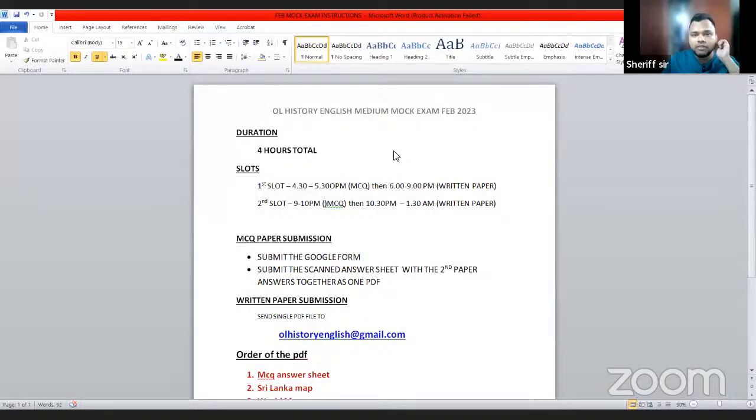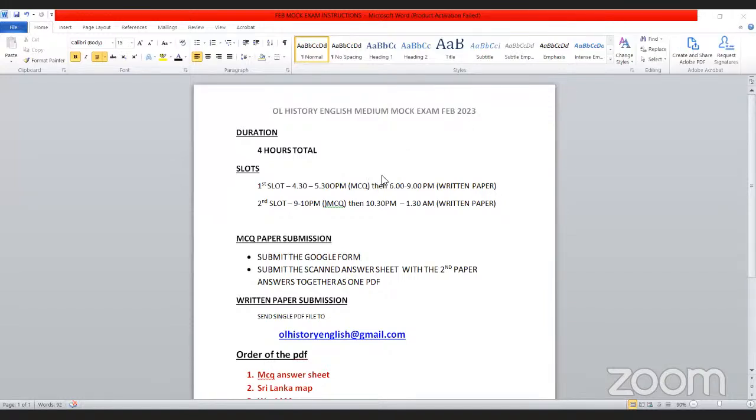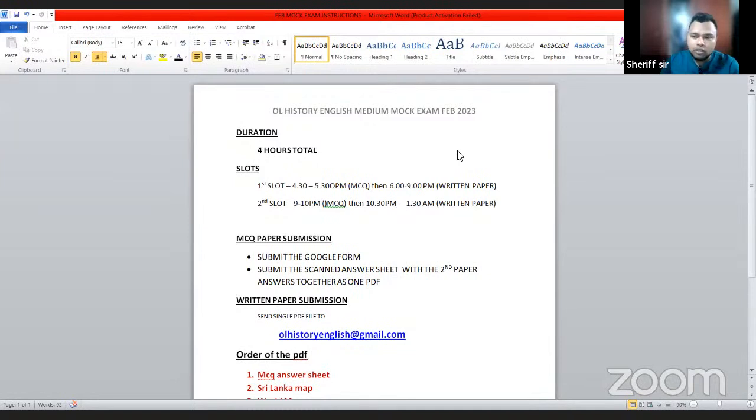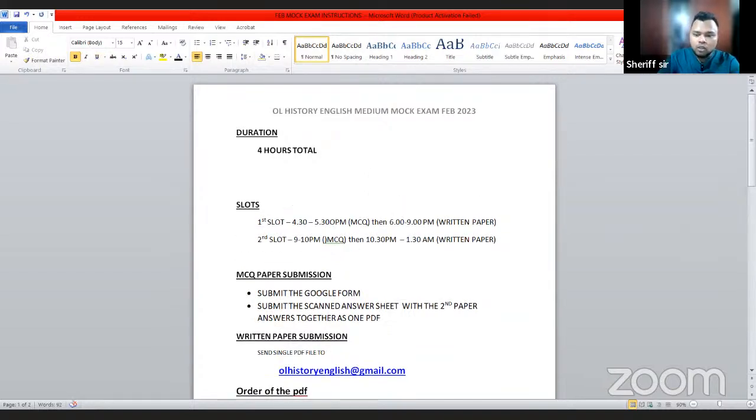Can you all see the screen? Confirm? Yes, sir. All right. As you already know, the duration of your O-level history paper is 4 hours. To be exact today, it's going to be 4 hours and 10 minutes, but we will target 4 hours and forget the 10 extra minutes. In the real exam, you get the written paper early in the morning at 8:30.